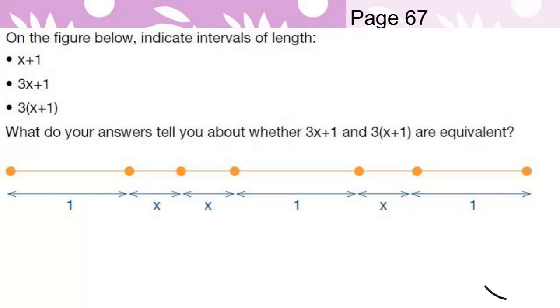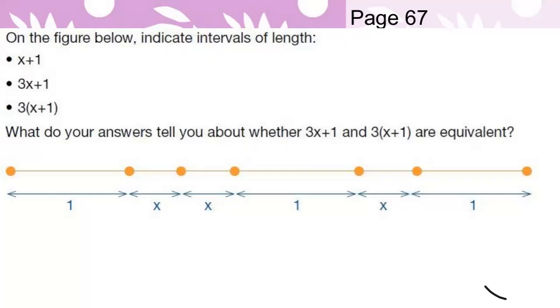So the question here says, what do your answers tell you about whether 3x plus 1 and 3 times x plus 1 are equivalent? What does this show you? They are or they are not?